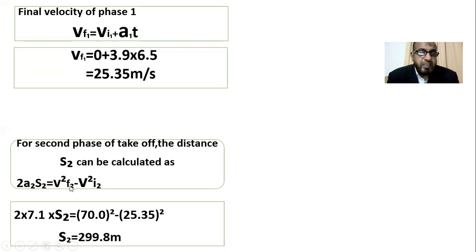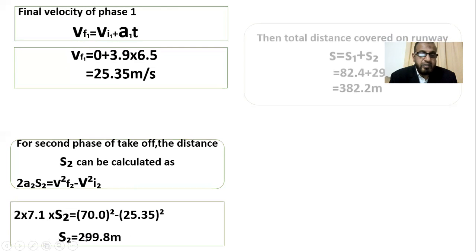This is the final velocity during the second phase, and the initial velocity of the aircraft during the second phase is Vi2, which is equal to Vf1, that is the final velocity during the first phase of the aircraft. So we will put this value 25.35 in this equation. Simplification will give us the distance of the second phase covered by the aircraft.